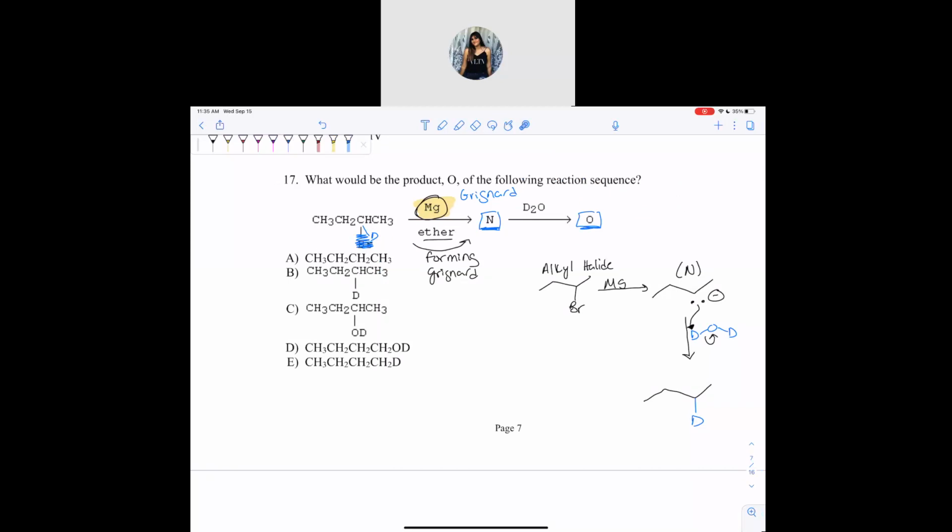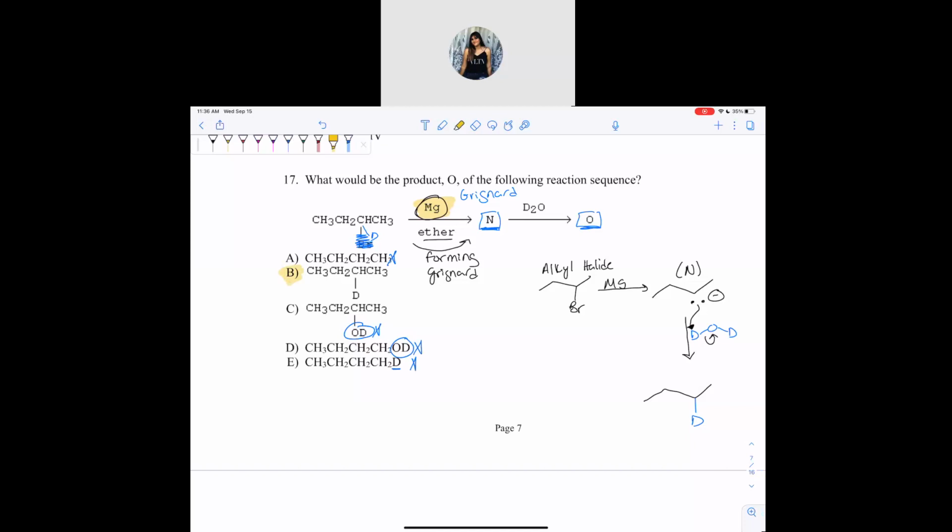If that's too complicated looking, that's totally fine. Just draw it out. It's not too crazy. So when we look at this, OD, no. OD, no. Why the heck is the deuterium all the way over there? No. And this doesn't even have a deuterium at all. That sucks. The only one that makes sense is answer choice B. And that's how you do a Grignard question.